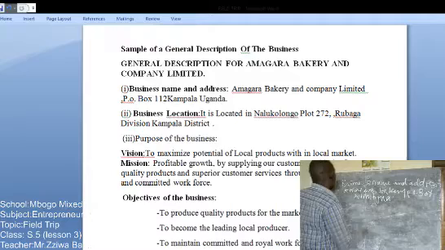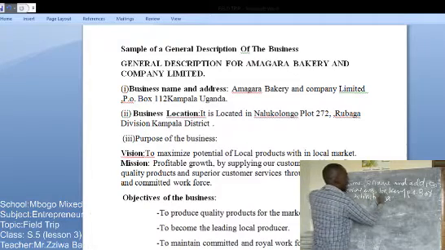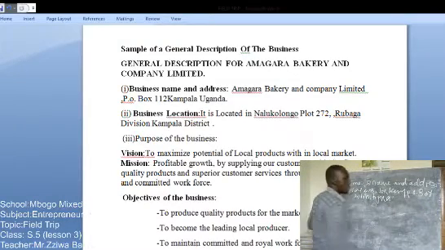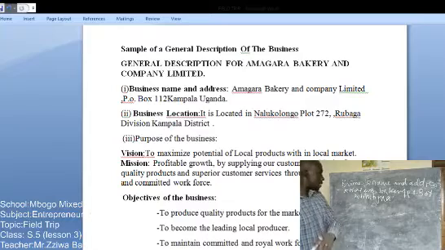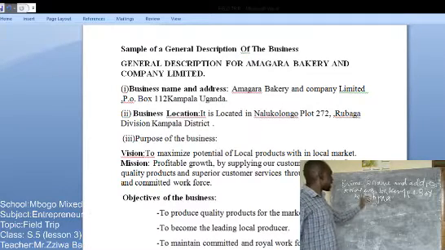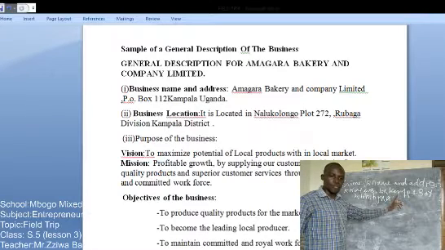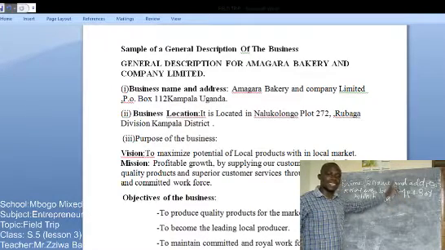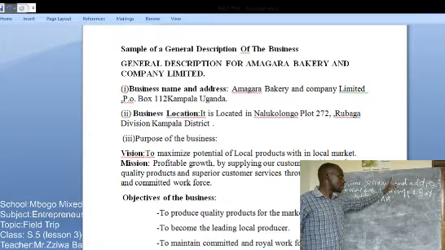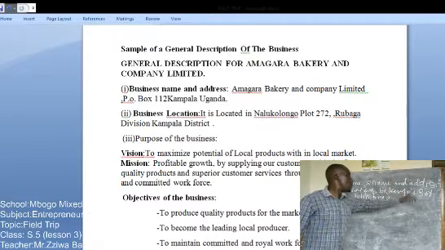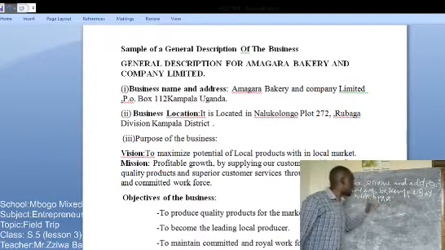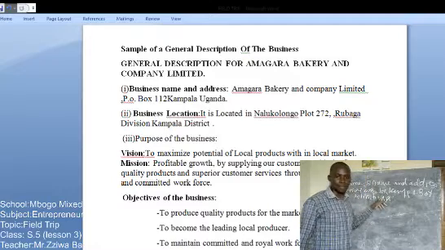This one is now the name and address talked about. In this sense, Amagara Bakery is the evidence for our concept of a business name and address.